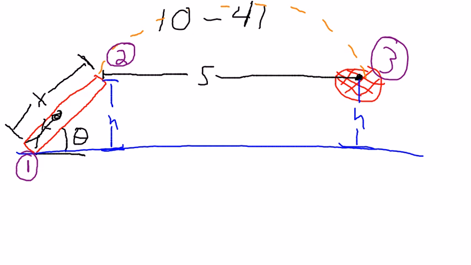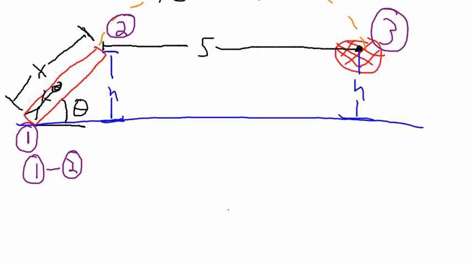So if we consider his transition from position 1 to position 2, we can use the concept of conservation of energy in order to evaluate what spring constant is needed for him to launch.